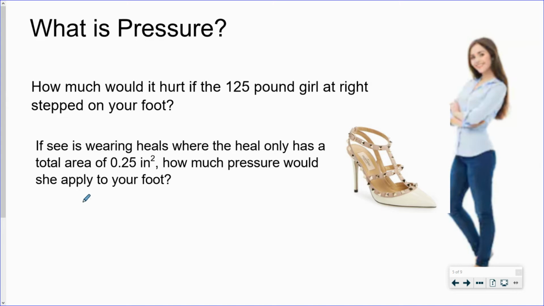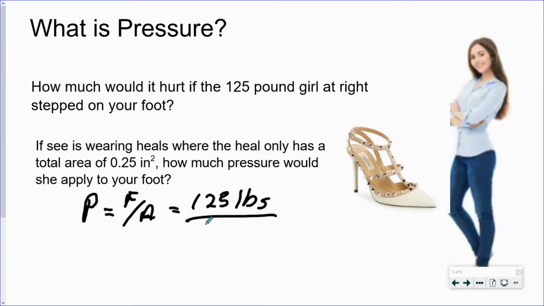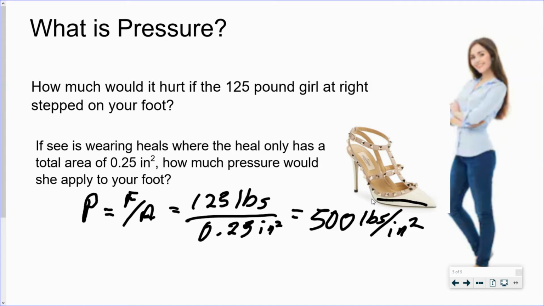If you try and find the same pressure, force divided by area again is going to equal 125 pounds divided by 0.25 inches squared. That works out to 500 pounds per square inch, which is more than enough to break a bone. As it turned out, it broke his big toe, and the rest of the night he was limping around.